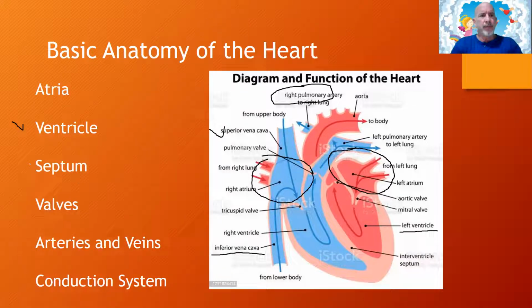The septum is just this wall down the middle here that divides the two. Where that is significant is in small babies. When you are a baby, there's a big hole right here because your mama's doing all the work for you. So the blood basically just passes right through the heart. It doesn't really do much.